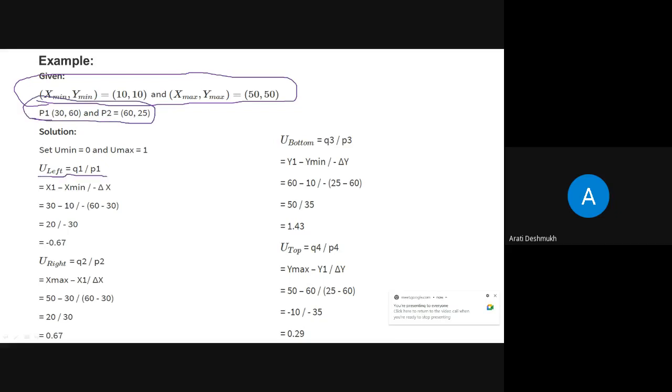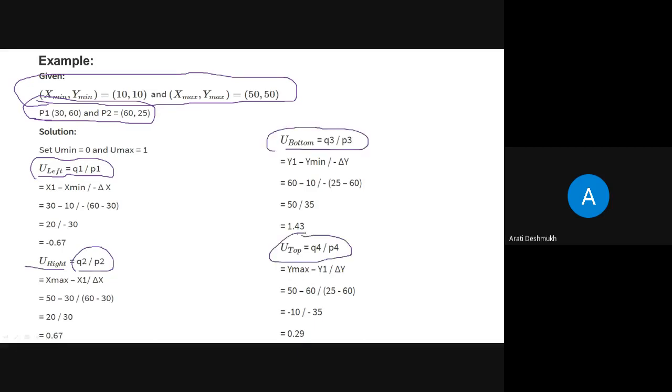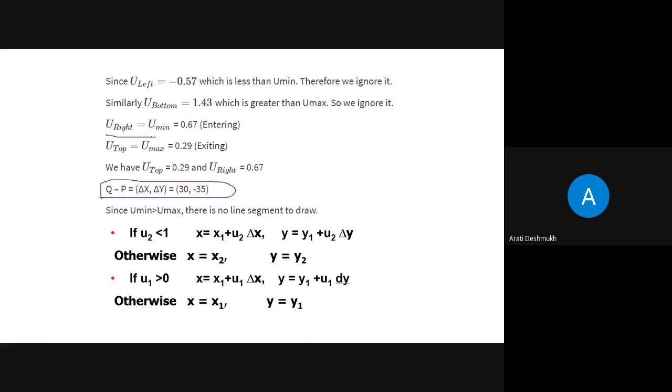You have to only put the values: q1 upon p1, q2 upon p2 for the right, bottom, and after that find the minimum and the maximum value, and find the intersection points. Means we want to find the I dash and I double dash values using this.